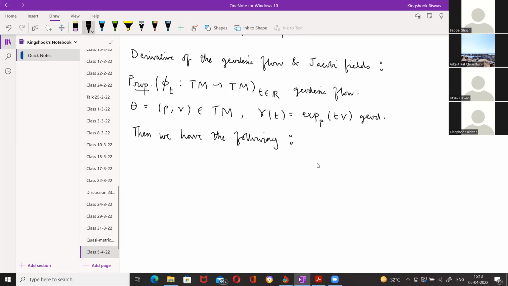So see, my derivative of my geodesic flow phi_t maps theta to phi_t of theta.